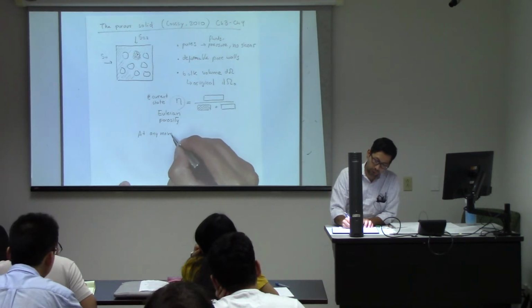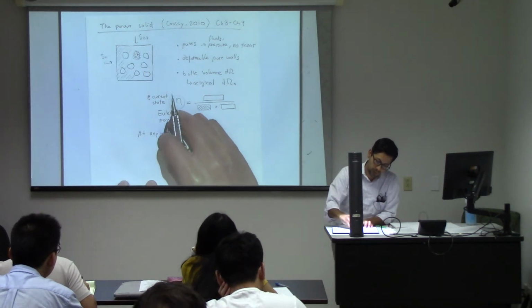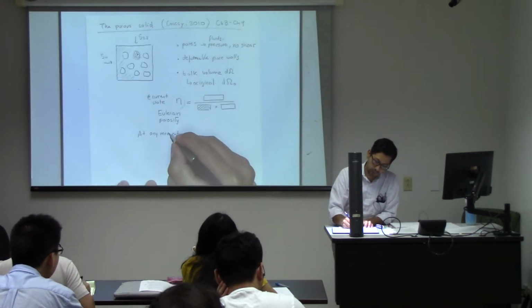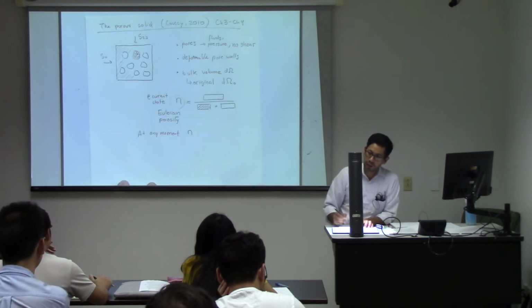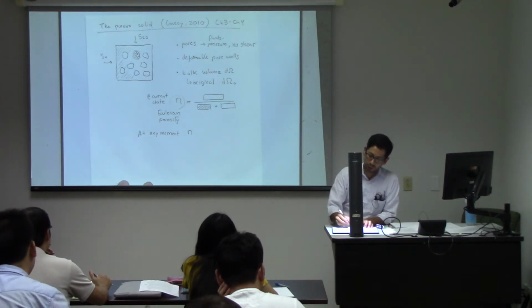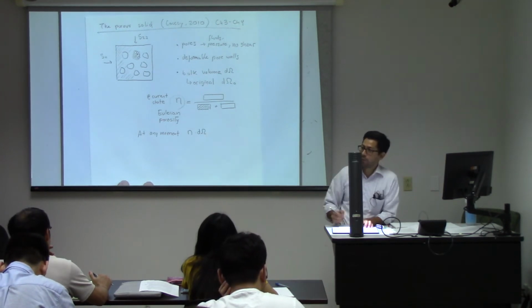Now I'm asking you for an equation with variables. So do you agree with me that we should write the Eulerian porosity times the bulk volume? That's going to be the pore volume.